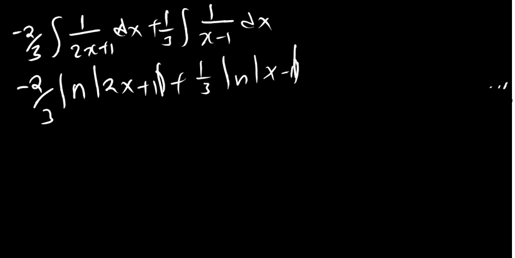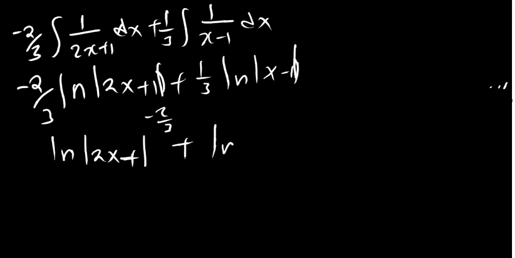If you want, you can end here. This is the answer. If you want, you can shift these to be on top, using the property of logs, which allows us to shift the coefficients to be the power. So it's going to be ln of 2x plus 1 to the power negative 2 over 3, plus ln of x minus 1 to the power 1 over 3. So this is the final answer.